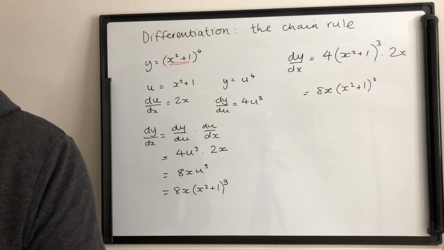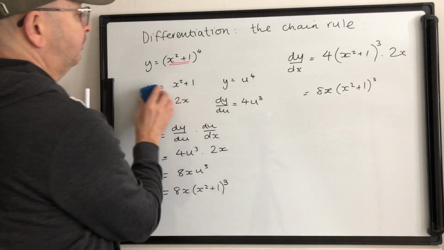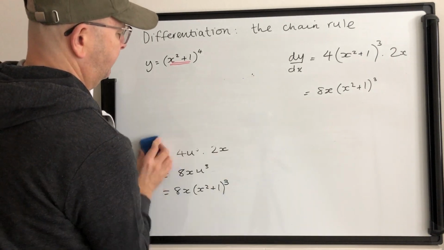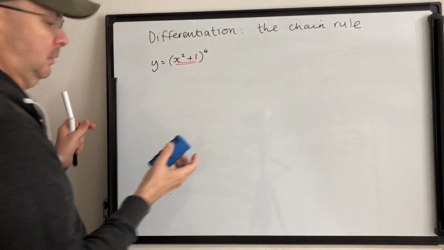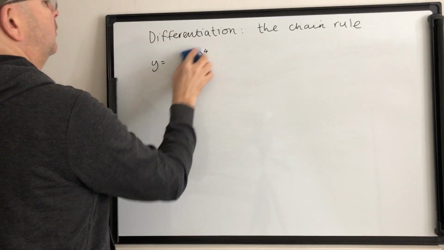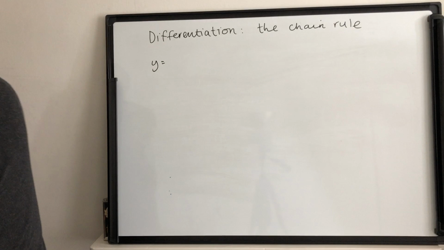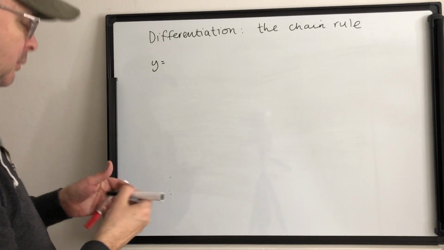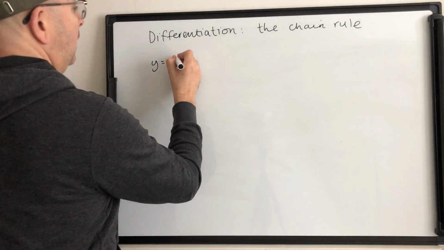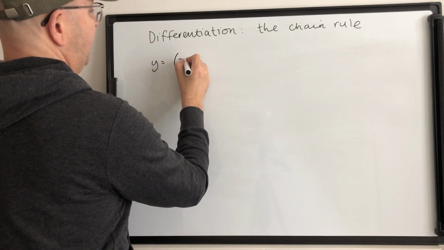So let's do it again with a different example. Let's say y = (x³ − 2)⁷, a fairly similar one.